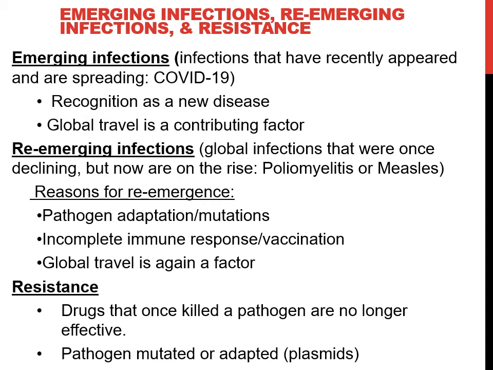Okay? Viruses can also become resistant. So, for example, HIV, the virus that can lead to AIDS, can become resistant to HIV drugs. And that is partly why patients with HIV take 3 or 4 HIV drugs at the same time to try and stop the virus from replicating and mutating.